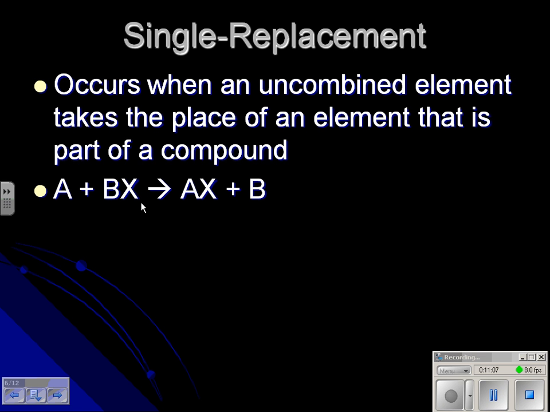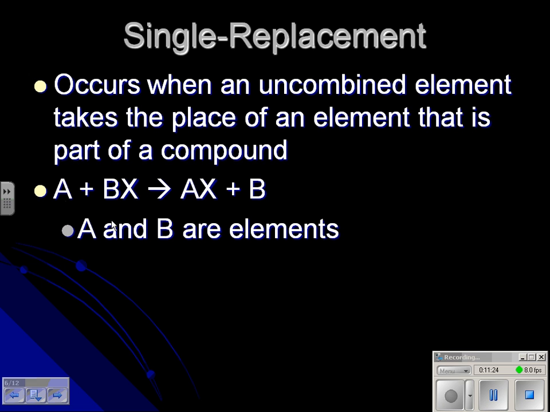And that's why some things don't immediately react. But in the case of if your X is with the worse of the two metals, the better one is going to be able to replace it.